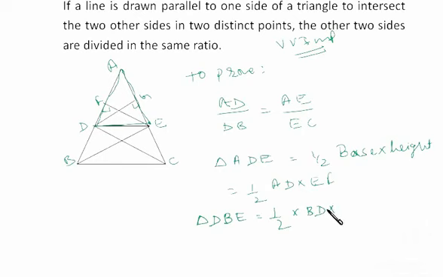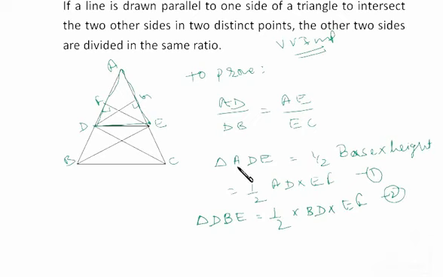And altitude is what? EF. This is the triangle, this is the base and this is the altitude, that means the height of the triangle, so it's EF. So this is the first step, this is the second step.